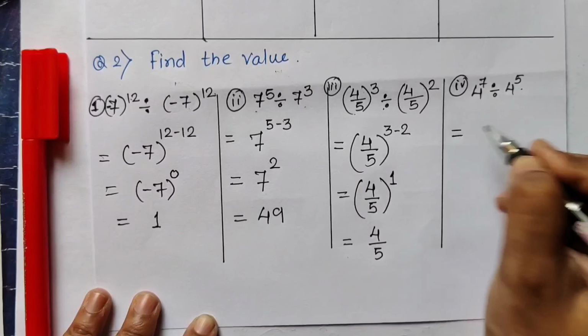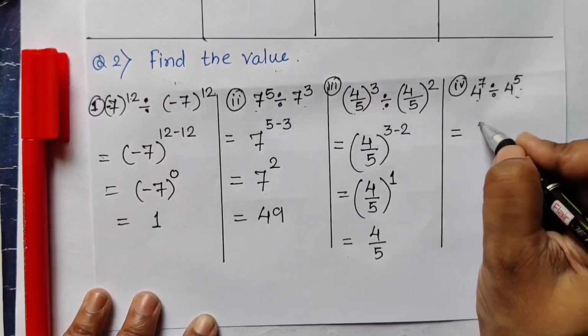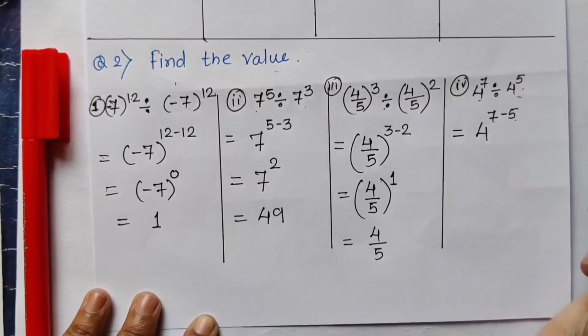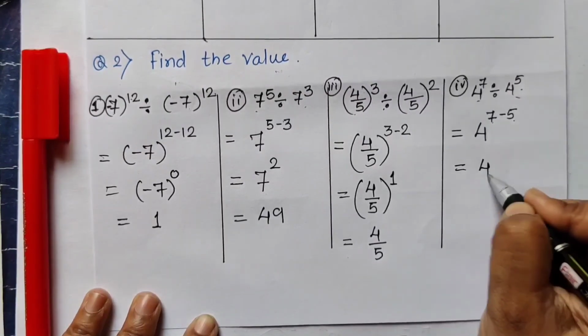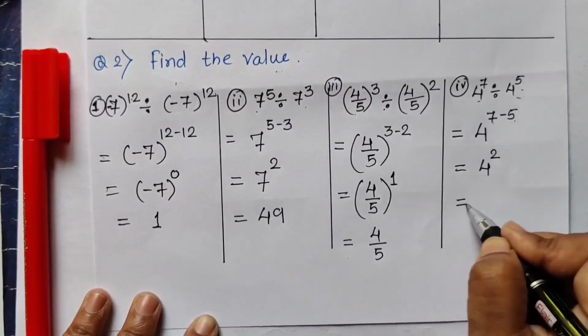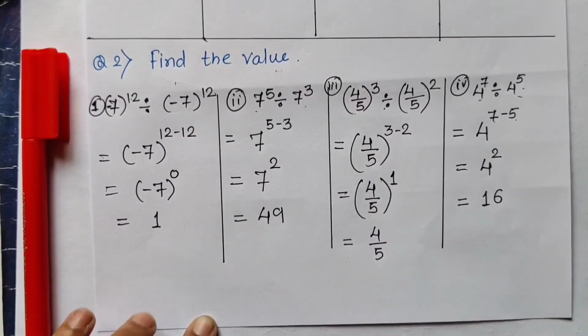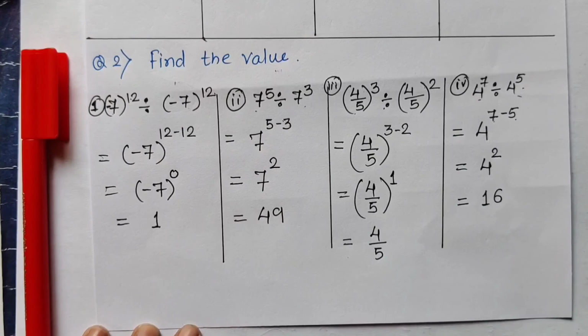Now let's solve the last sum. 4 is the common base. 7 minus 5, we have to subtract the indices. 7 minus 5 we get 2. So 4 square is 16. So in this way you all can solve the sums from practice set 28. Complete all the sums from practice set 26, 27 and 28.